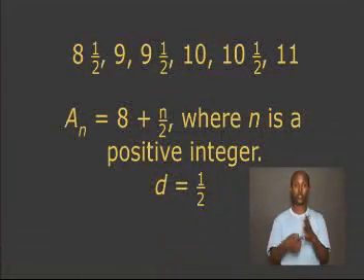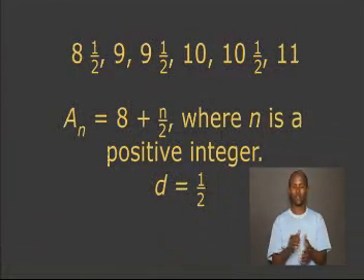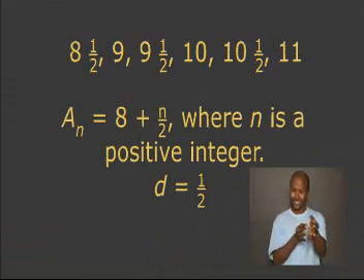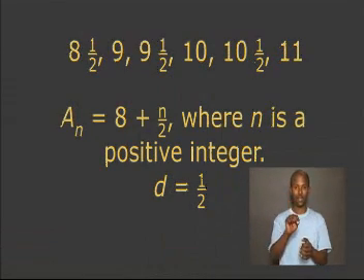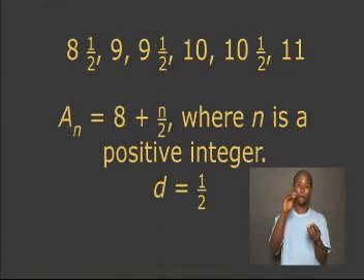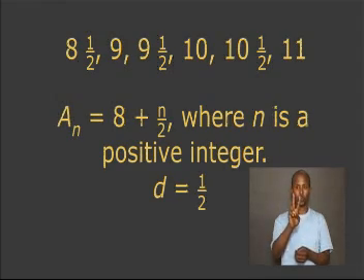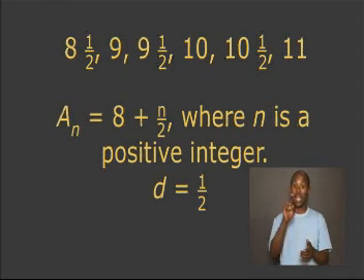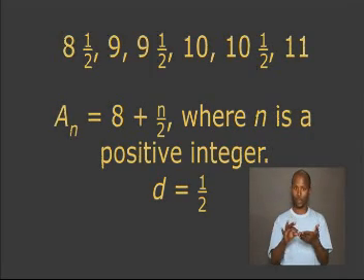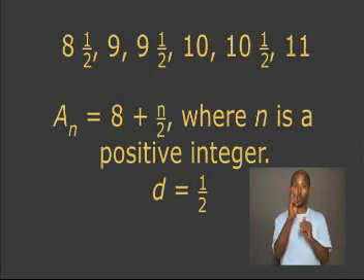The first sequence looks like it is arithmetic, does it not? It is described as An equals the sum of 8 and n over 2, where n is a positive integer. D equals 1/2.